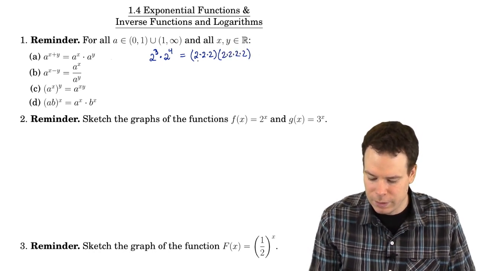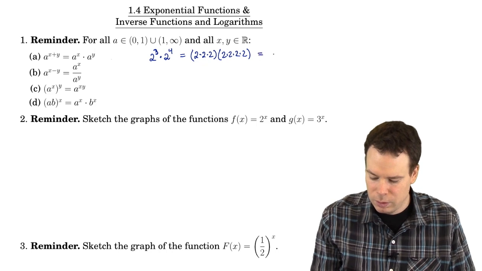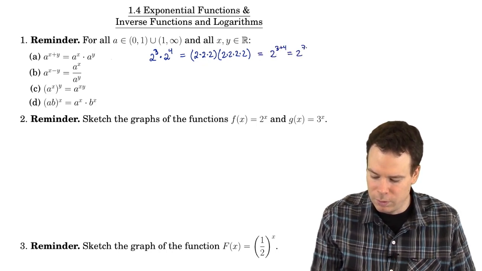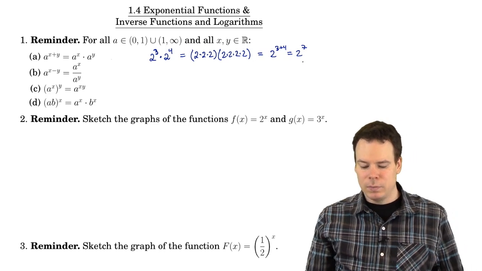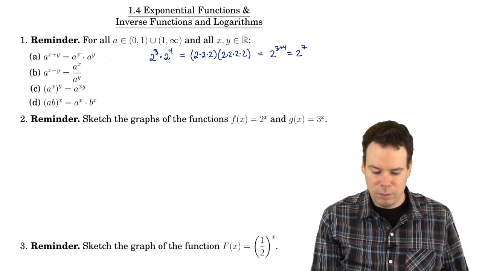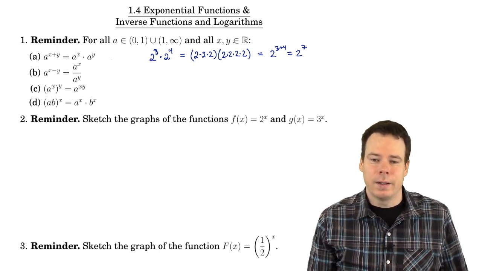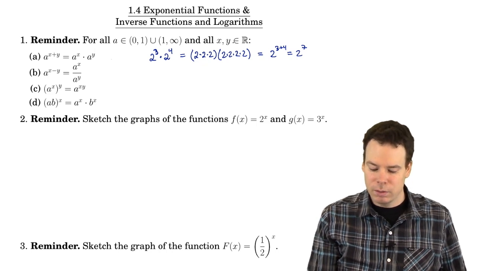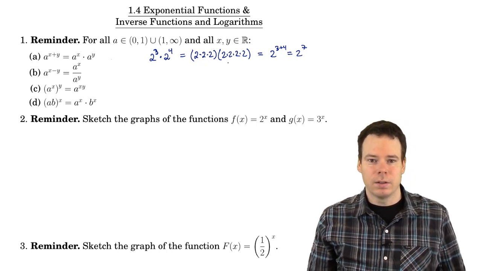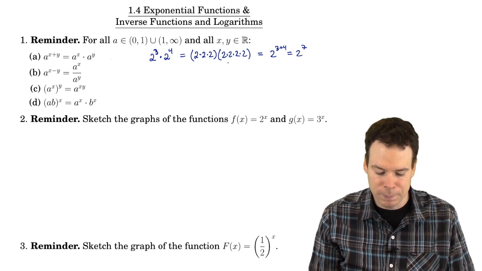And so now I've got a collection of 3 plus 4 2's. So that's the same as 2 to the 3 plus 4, or 2 to the 7. Now, of course, this example involved integer exponents, and these properties I'm listing are for the exponents being any real number, but they're coming from the fact that these things were true for integer valued exponents.